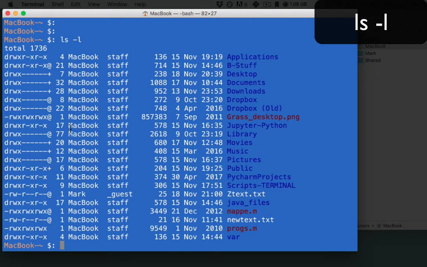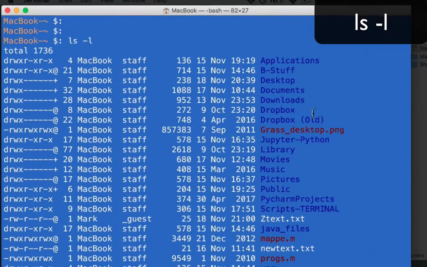And this is very important because every piece of information that the terminal is going to give you about your files and folders is always going to be like this. So we have now to understand very clearly what this means. And it's quite simple now that you know the things in the previous lesson. So let's see.